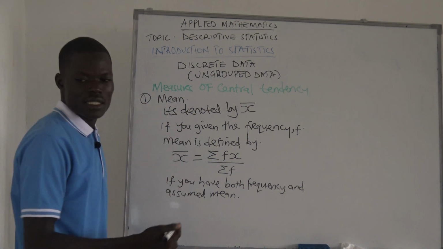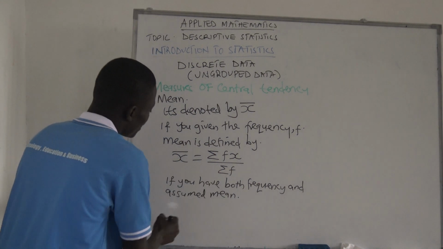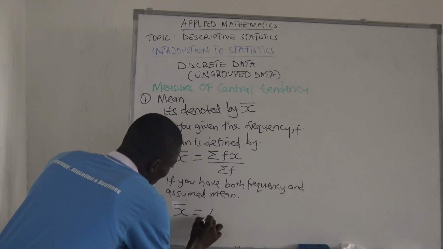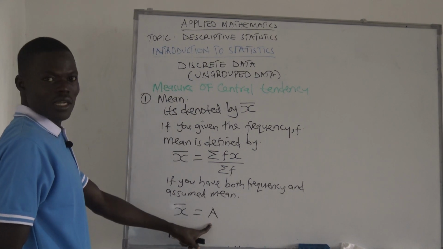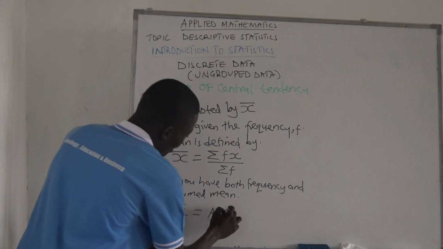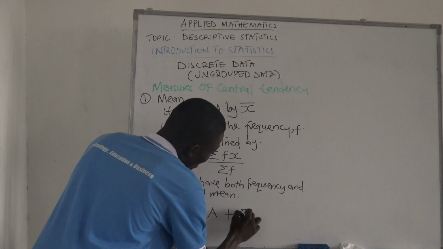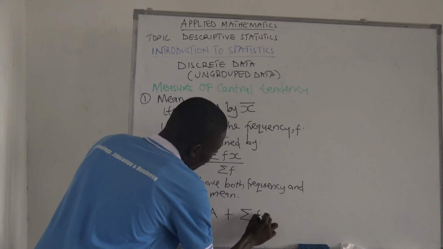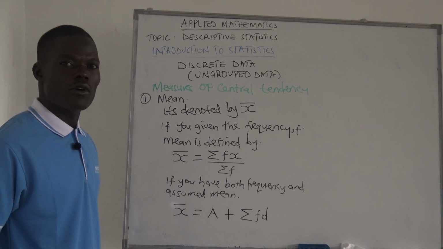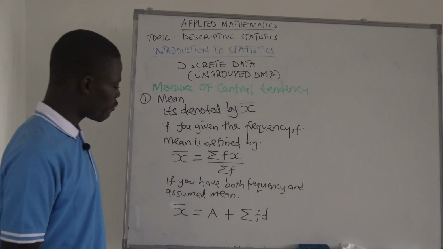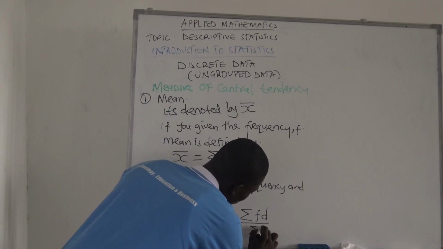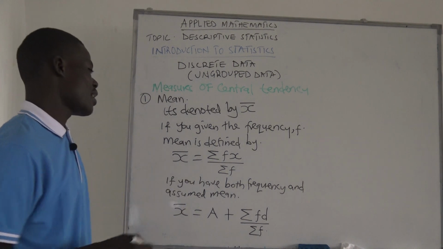Our mean is defined the same way, but instead here we shall change: x bar is given by A, which is the assumed mean. We say the assumed mean is not affected by division. Plus, now we shall instead have summation of fd. Before we were having summation of f only, but here we shall have summation of fd out of summation of f.